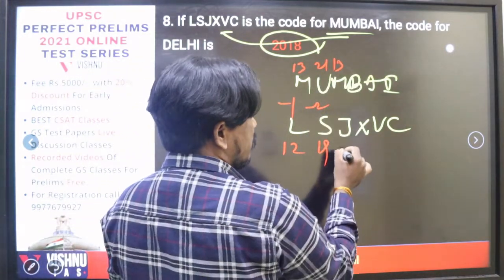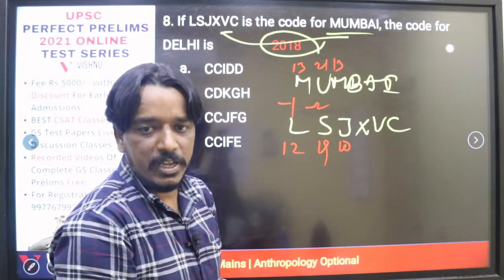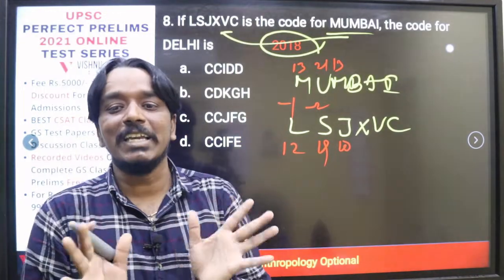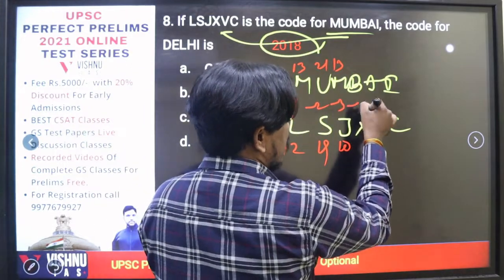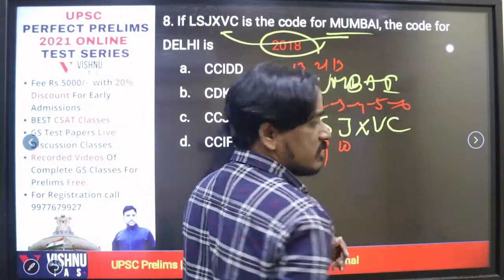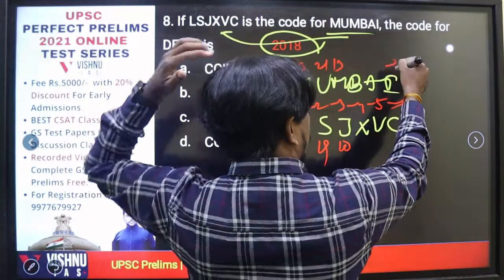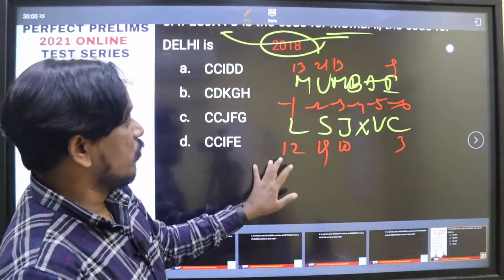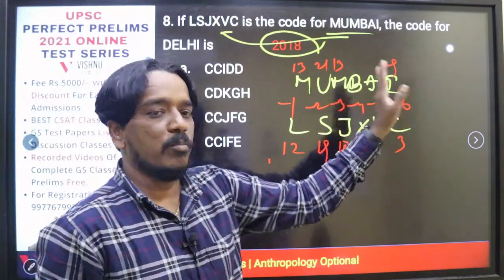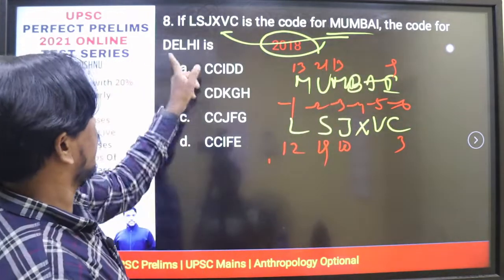M is 13, J is 10, obviously minus 3. Maybe it is an increasing or decreasing order kind of pattern, but minus 1, minus 2, minus 3, minus 4, minus 5 and minus 6. I is 9, 9 minus 6 is 3. See? So this pattern is followed. So what we are doing is simply minus 1 to minus 6 for the given word.